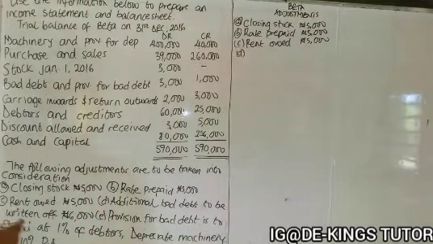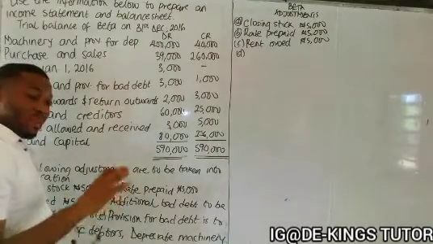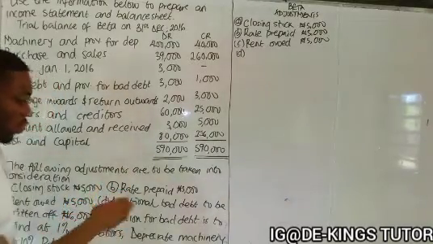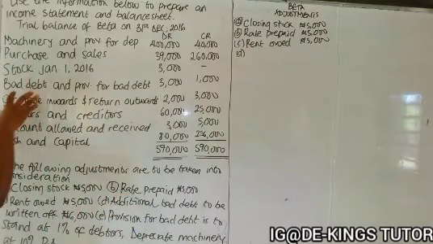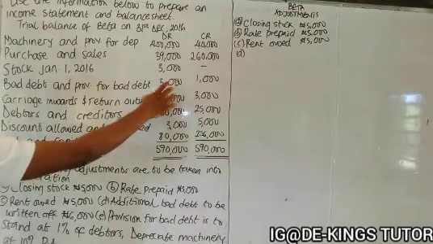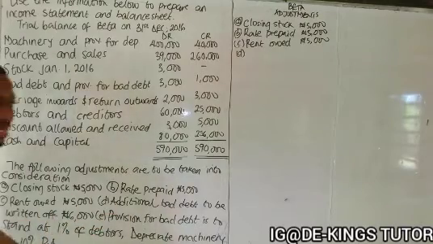Okay, so D, we have additional bad debt to be written off, 6,000. Now, when bad debt appears under additional information also, what do we do? We check here if there is bad debt. There is bad debt here, which is 3,000. They said additional bad debt to be written off is 6,000.